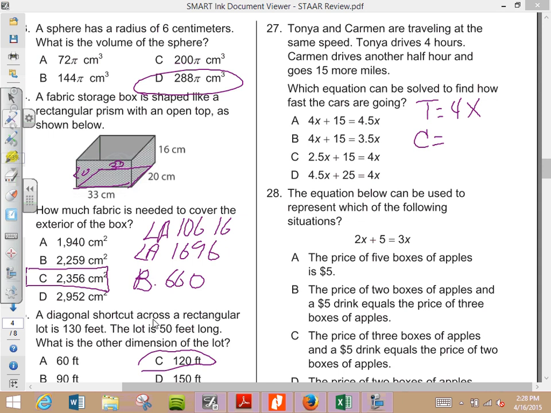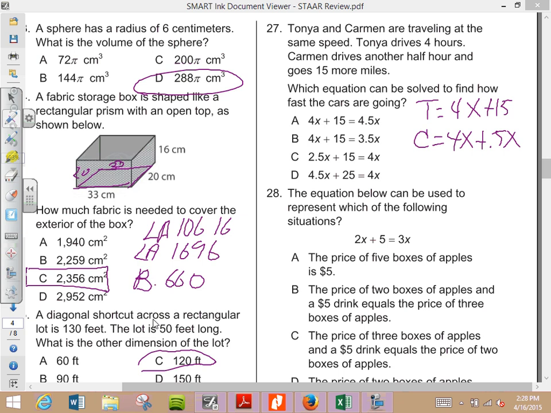We know that they both went the same amount at the beginning, right? And we know that Carmen went 0.5 more, which is the same thing as 15 miles. So to make them equal, what can you do to the top? Add the 15, right?